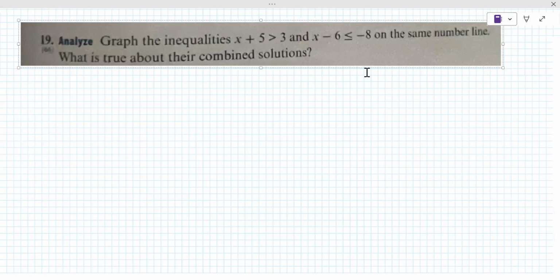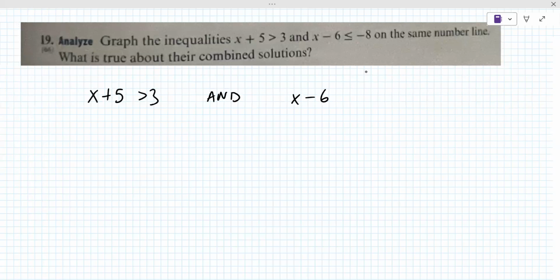Okay. All right, so here's a new problem, X plus 5 greater than 3, and X minus 6 is less than or equal to minus 8. So do you feel comfortable trying to solve these each separately for me? Oh yeah, just give me 1 second. Yep, take your time. Let me know when you're ready.